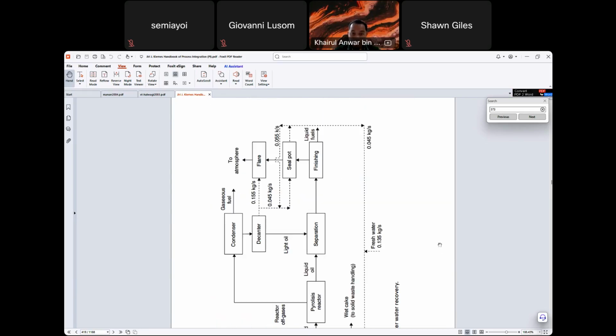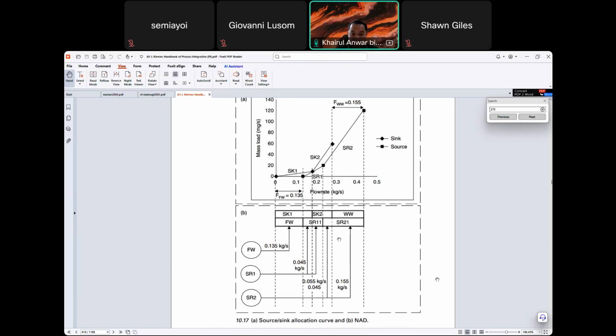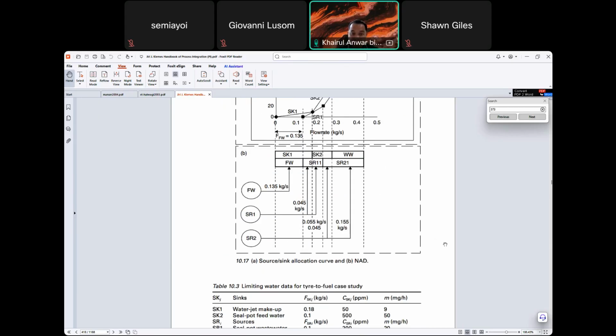So from there, to identify the sourcing temperature curve and the network allocation diagram, NAD.